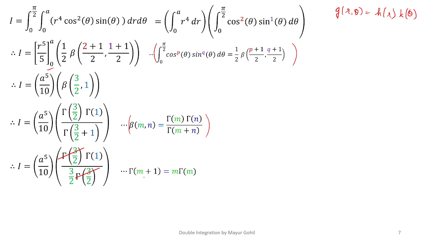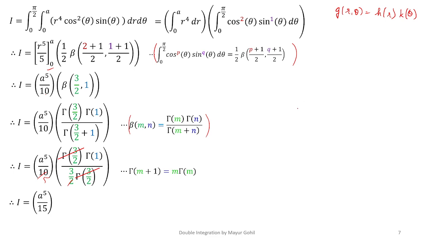So this is how it happens, and you can cancel gamma 3 by 2 with gamma 3 by 2, and you get that. And here a raised to 5 divided by 10 is there, and this 3 by 2. So the 2 will get cancelled, and here you will get 5, and 5 threes is 15, and you get your answer a raised to 5 over 15.